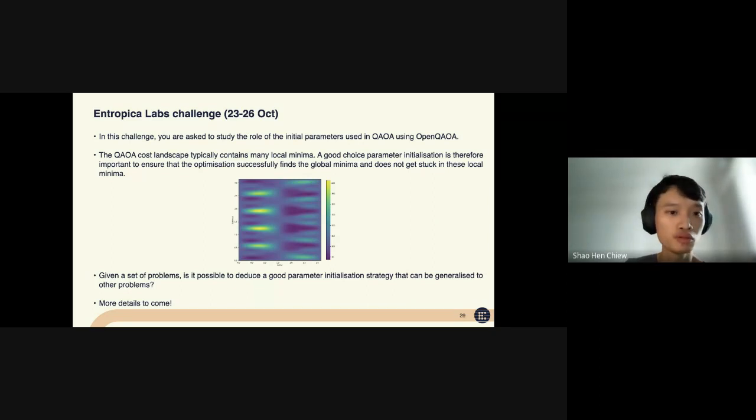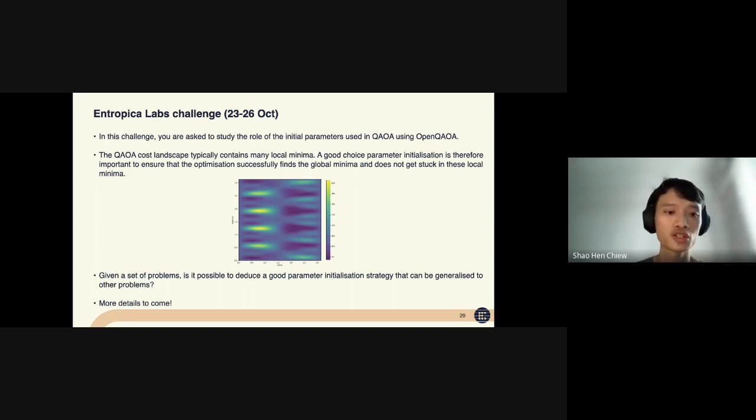which will happen in the weekend. In this challenge, you are asked to study the role of initial parameters in QAOA using OpenQAOA. If you've looked at the cost landscapes, which is how the cost function looks when you vary the parameters, you would usually notice that there are a lot of local minima. That means that a good choice of parameter initialization is important to ensure that your optimization actually finds the global minimum rather than a local minimum.